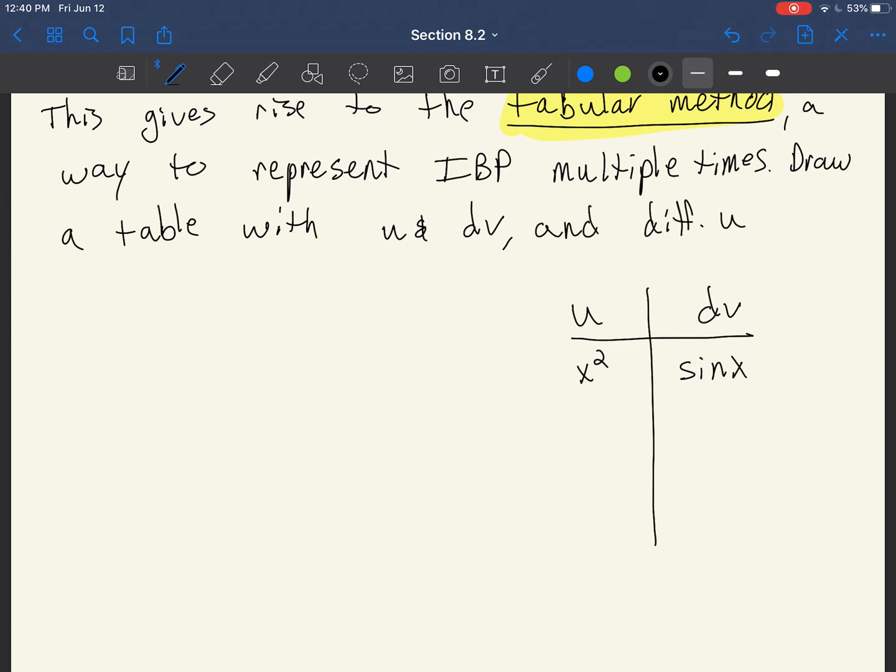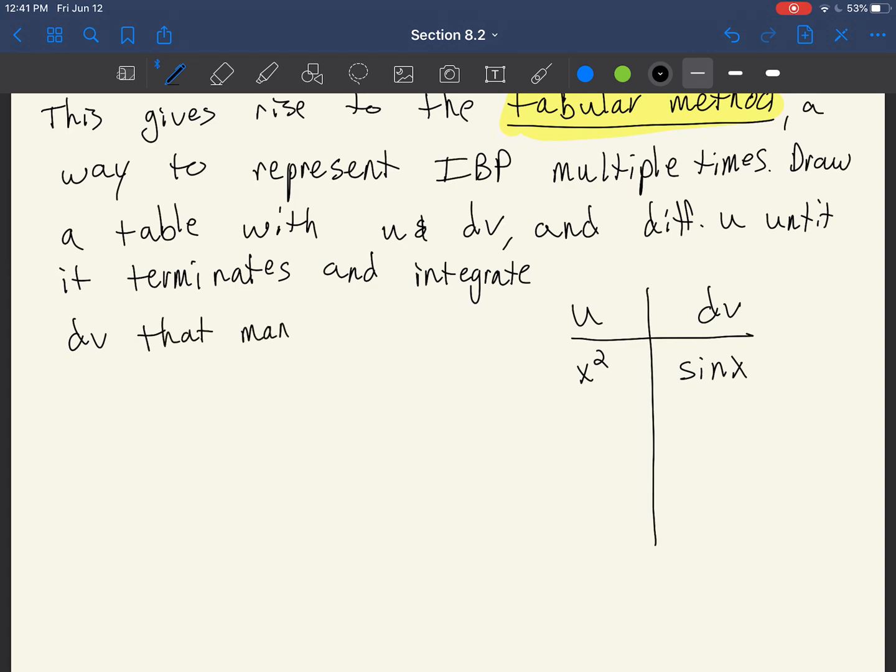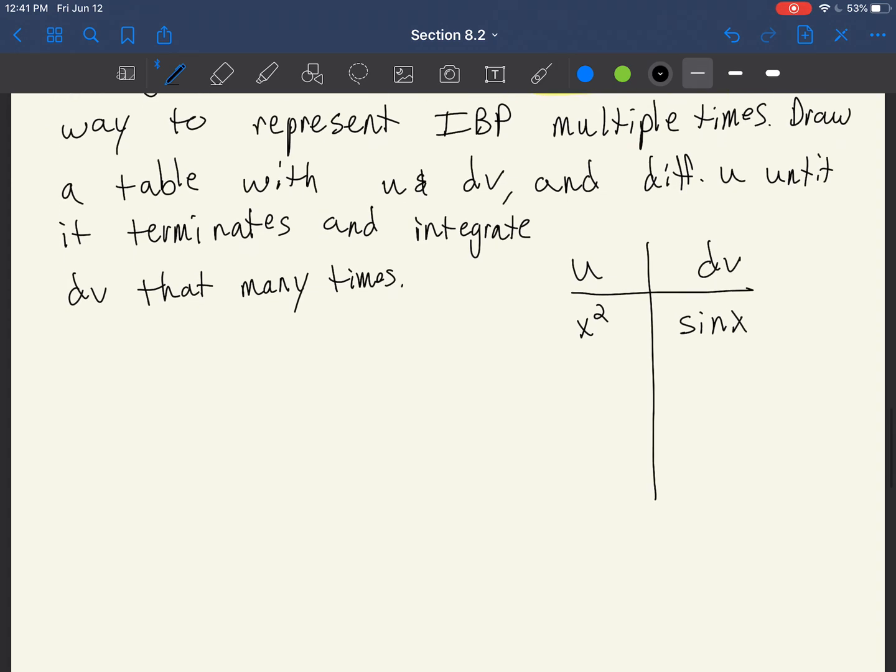You then differentiate u until it terminates, and integrate dv that many times. Okay, so differentiate u, you get 2x, 2, 0. Integrate sine that many times, you get negative cosine x, negative sine x, and then cosine x.